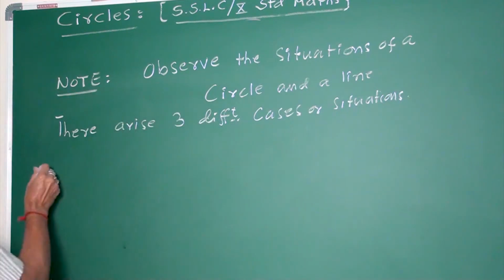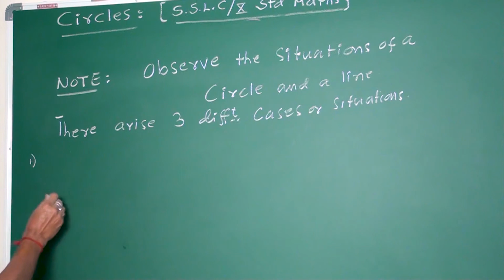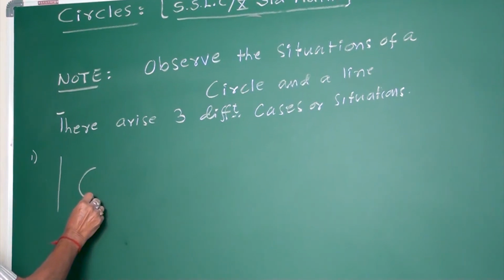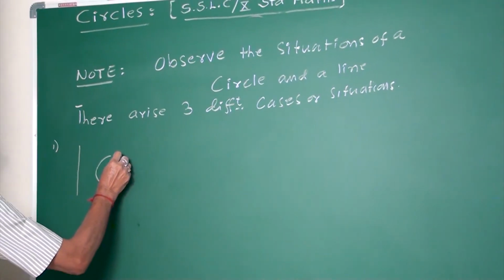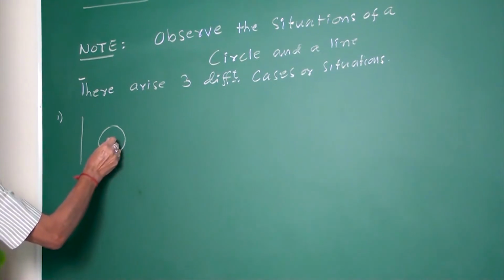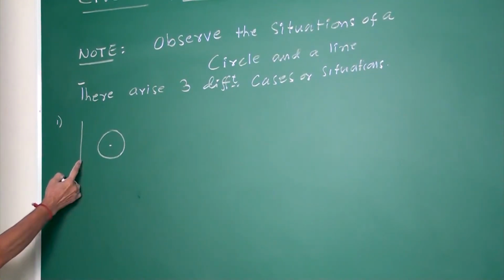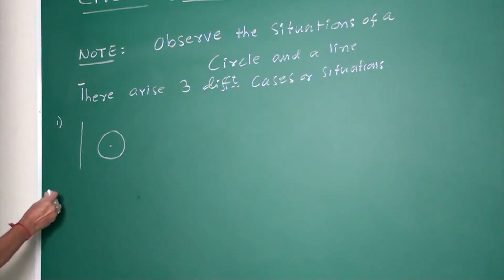Situation one: this is the line and the circle. What is your observation? In this case, line and circle are non-intersecting.